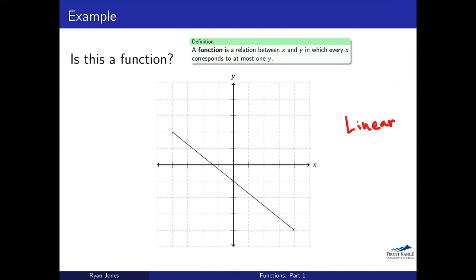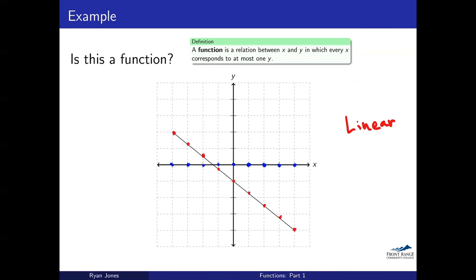Let's start picking a bunch of x values. We'll keep it simple. Let's pick all these x values on these tick marks. All of these red points are the corresponding y values for each of the blue x's, and that gets me to the point on the line.